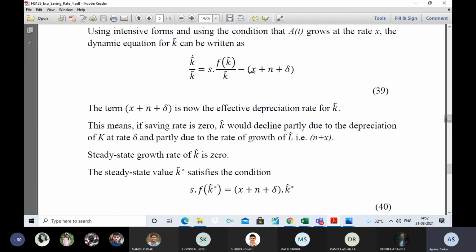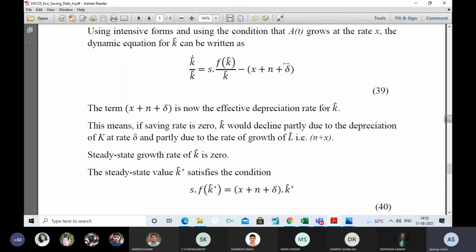Now, the difference between the two terms is that everything is in terms of effective labor. Capital is in terms of capital per unit of effective labor. So s f(k)/k is now s f(k hat)/k hat. Now we are exploring the rate of growth of k hat over time, that is the rate of growth of capital per unit of effective labor.